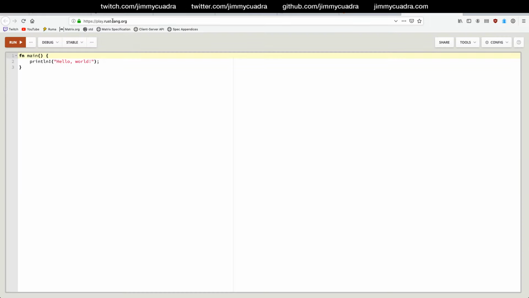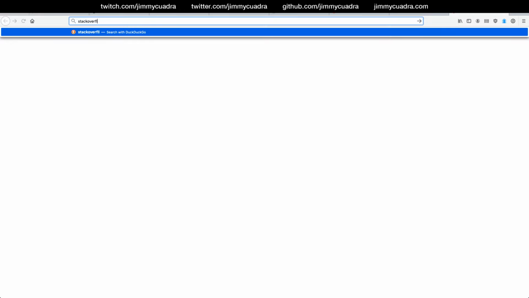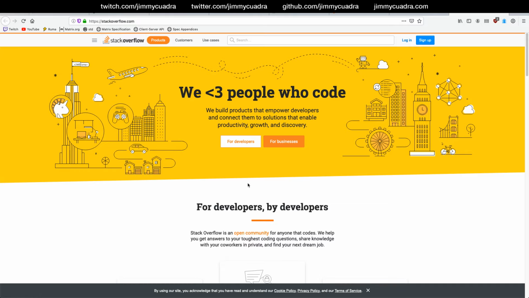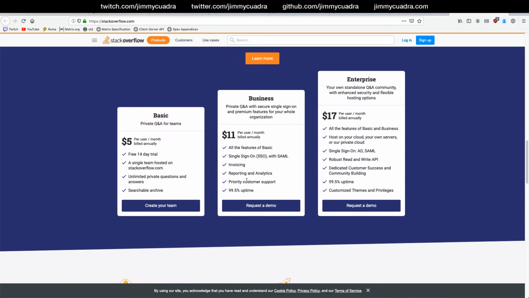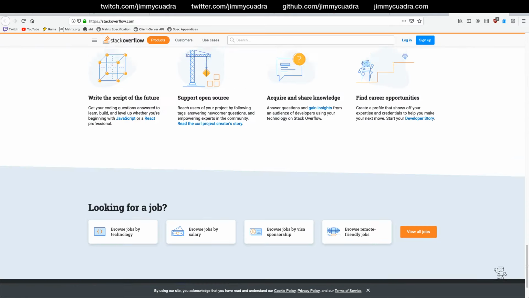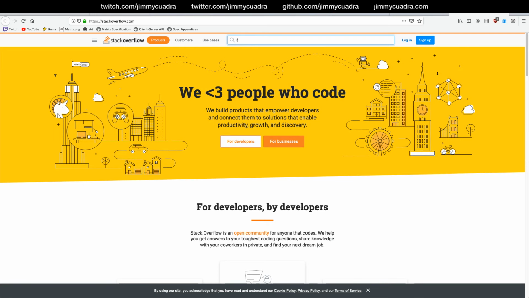Yeah, Rust Playground is play.rust-lang.org, and this will let you paste in your code and let people run it. Also, Stack Overflow is actually quite good for Rust questions. If you go to Stack Overflow, and whoa, it's been a long time since I've seen the logged out state of Stack Overflow. Search for Rust.